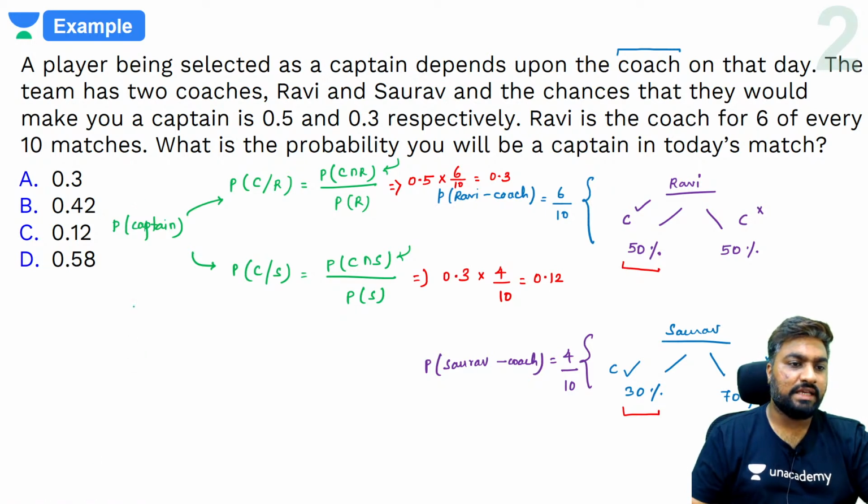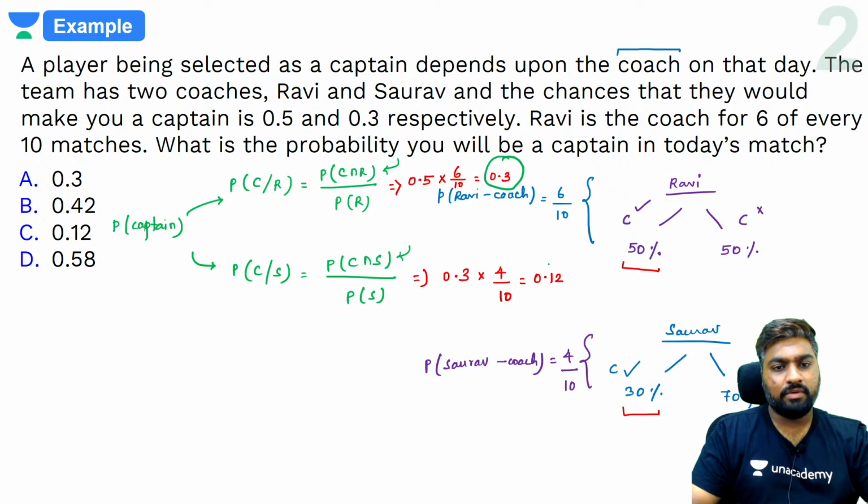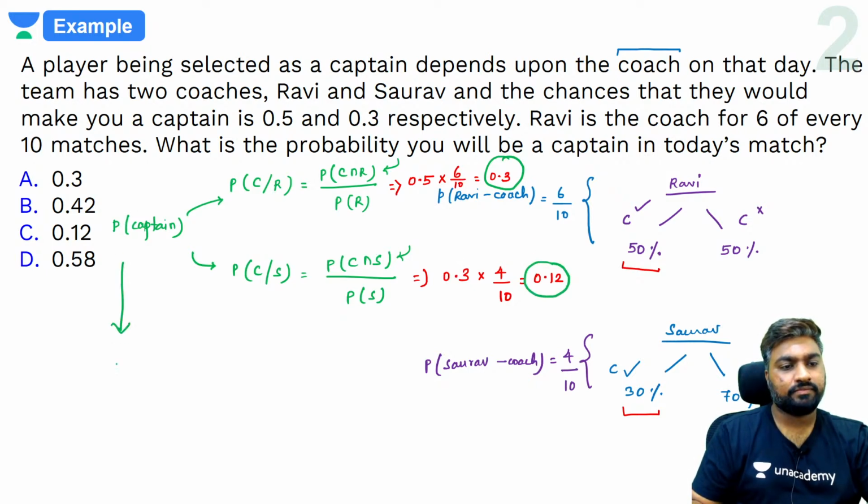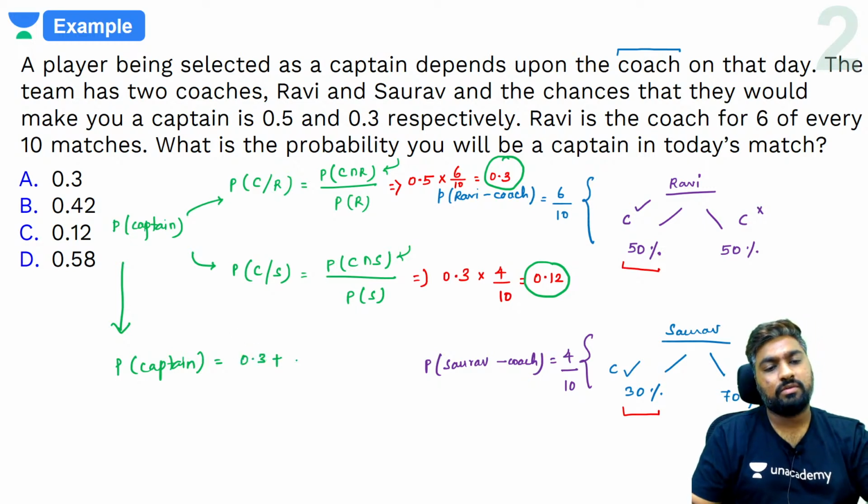Since only one of these two can happen, दोनों साथ में नहीं हो सकता ना, रवि और सौरभ दोनों साथ में कोच नहीं बन सकते, only one of them can happen. So the probability of me being a captain will be what? When Ravi is the coach, it is 0.3.